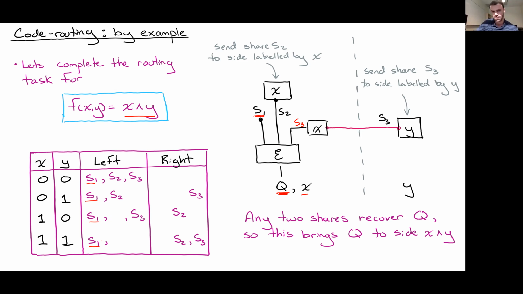For share S2, you're going to do something slightly more complicated. So you're going to take S2, you're going to look at X. If it's 0, you're going to keep S2. If X is 1, you're going to send it to the other side. So in the table, we have S2 on the left when X is 0, and S2 on the right when X is 1. Remember that we have this communication round in the non-local computation where I can send things or keep things. I'm exploiting that here.